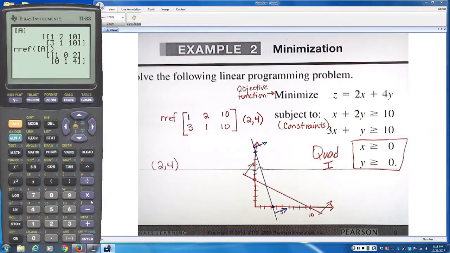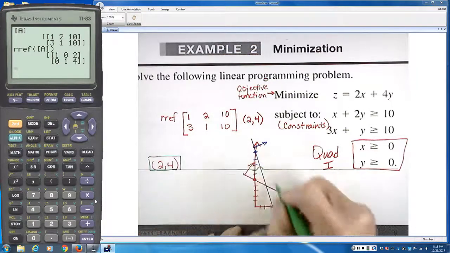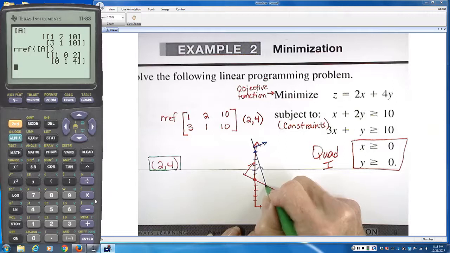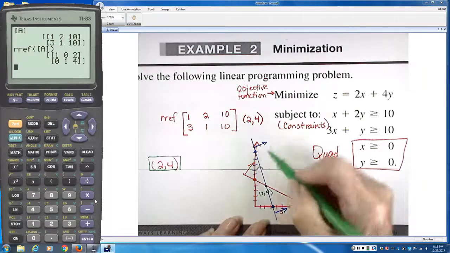I've already found this point using my matrix solution. So this is the point (2, 4). And I know I'm shading out this direction.